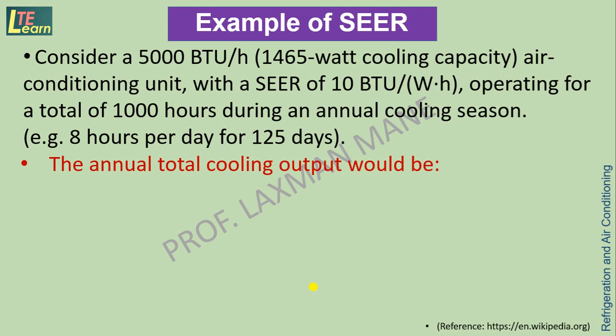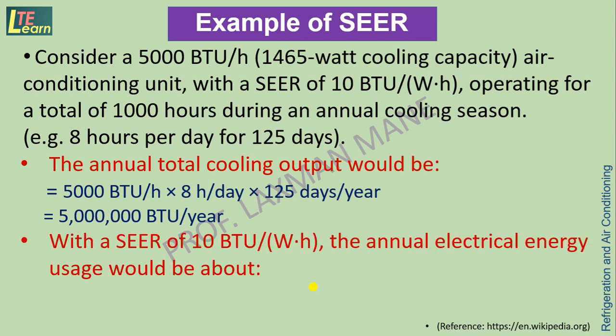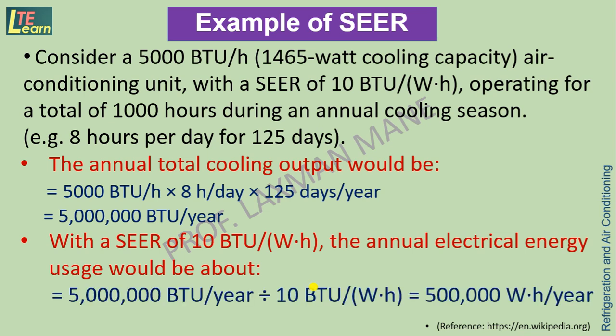The annual total cooling output would be 5000 British thermal unit per hour multiplied by 8 hours per day multiplied by 125 days per year, which comes to 5 million British thermal unit per year. With a SEER of 10 British thermal unit per watt hour, the annual electrical energy consumption will be 5 million British thermal unit divided by 10 British thermal unit per watt hour.